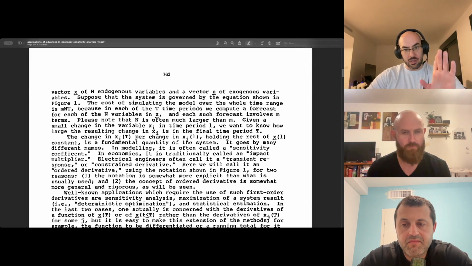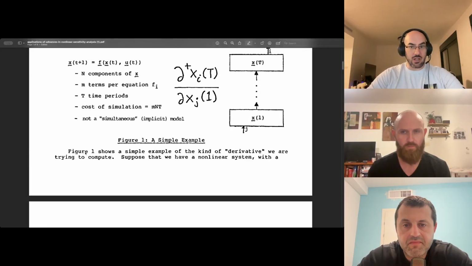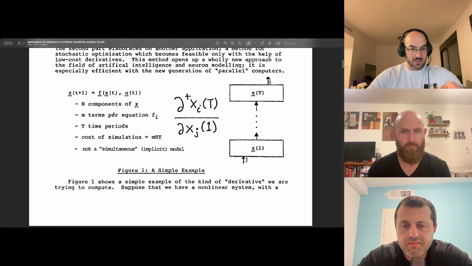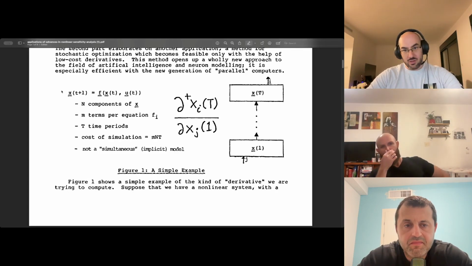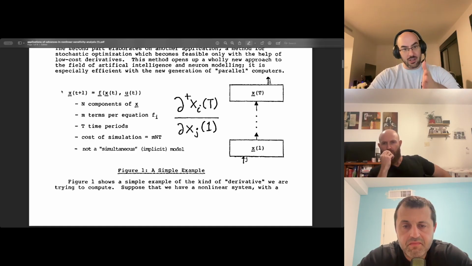It's worth looking at the state equation of the system, so he's defining it here. x at t plus 1. It's discrete time, so you can say t plus 1. So x at t plus 1 is a function of x at time t and u at time t. So it's a Markov process, right? It all depends on the current state, x at time t.